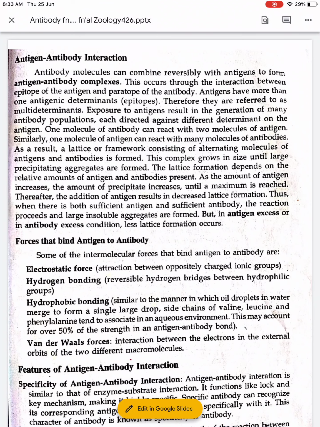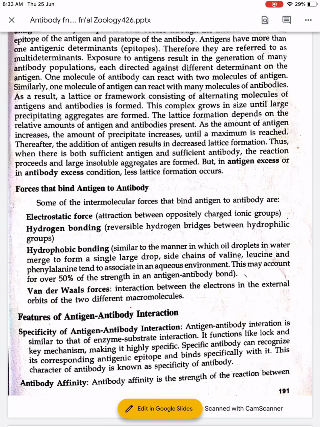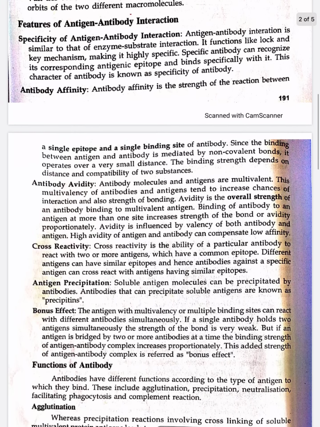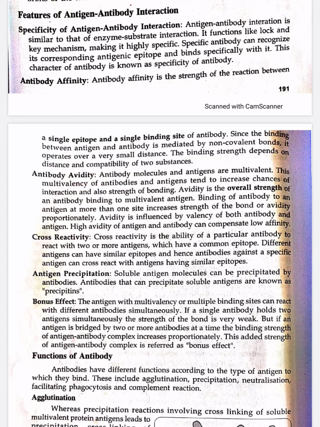Now coming back to the forces that bind the antigen and antibody, there are many intermolecular forces responsible for binding an antigen with the antibody. These are electrostatic forces, hydrogen bonds, hydrophobic bonds, and van der Waals forces. Now we'll be discussing the features of the antigen antibody interaction.